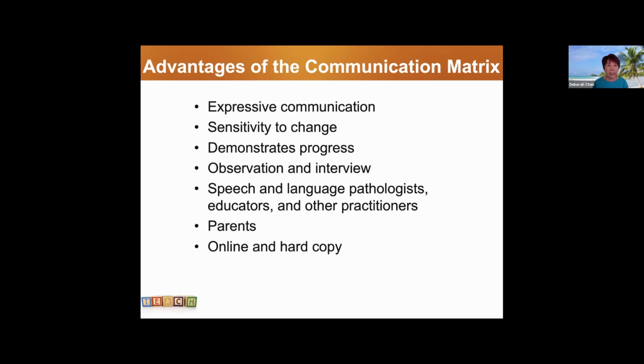It's very sensitive to child change because they're small increments, and so it demonstrates progress. It uses observation and interview. It's been used widely by speech-language pathologists, educators, other practitioners, parents, and they're both online and hard copies at very reasonable prices. The online copies are free, and next year there'll be a nominal charge if you use more than 5 a year.